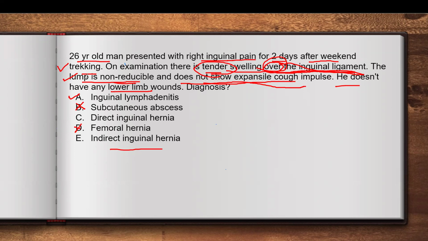Any skin changes over that area, any vomiting, constipation, decreased, hyper or absent bowel sounds, anything mentioned regarding the gut. Nothing like that is mentioned, so we can safely rule out direct and indirect inguinal hernia as well. The most likely diagnosis here is inguinal lymphadenitis because it is tender, it is present over the inguinal ligament, and there is a trekking history.